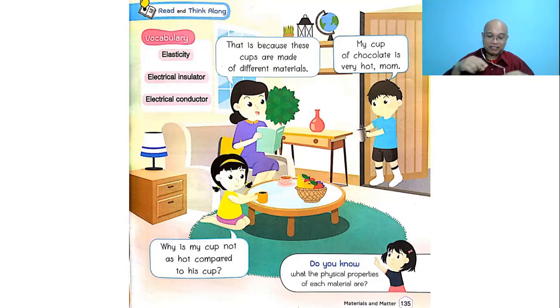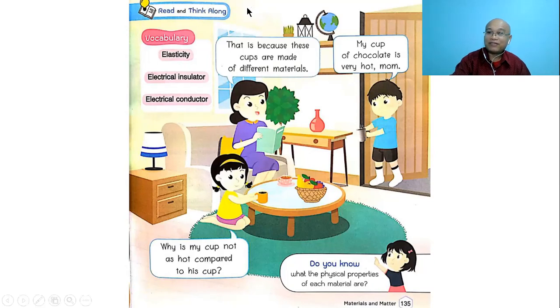Like this electrical wire, for example, there's a plastic in here, an electrical insulator. Electrical conductor is inside. There is some wire where the electricity passes through from one area to another, from one end to another end. There is this metal, which is the electrical conductor.